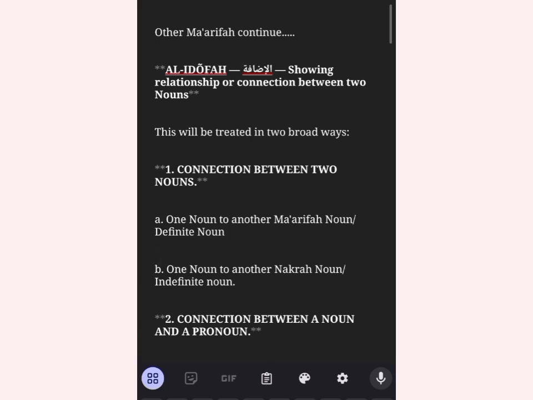So we look at when a noun is added to a ma'rifah noun and when another noun is added to a nakra noun. We're going to be looking at all of this, inshallah.